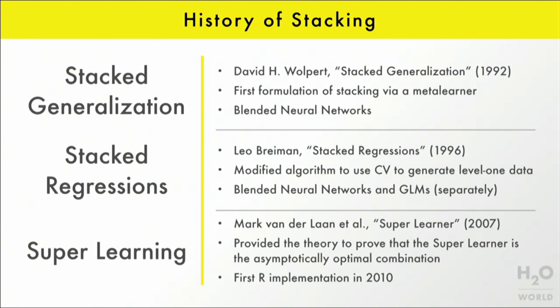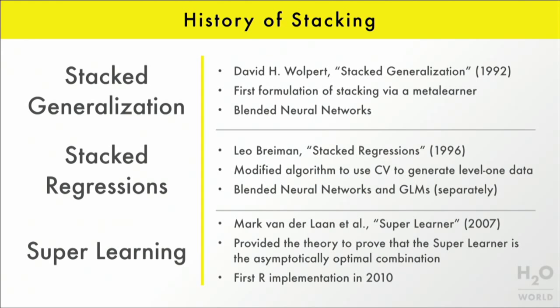So then people were using these things, but they were essentially considered to be a black box. Nobody knew why they worked, and there was basically no theory behind them. Until 2007, there was a paper called The Superlearner, by Mark Vanderlaan at UC Berkeley.